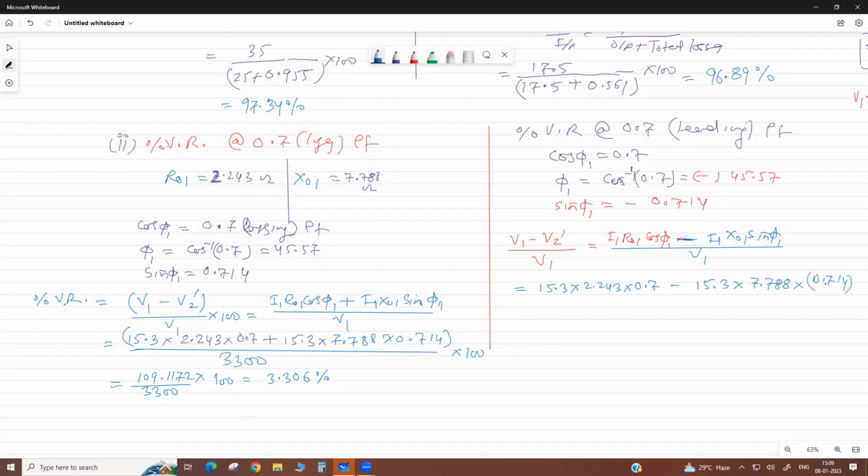That's why here it is negative, divided by V1.